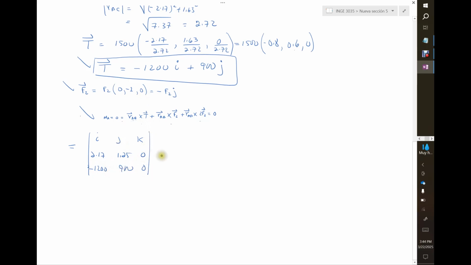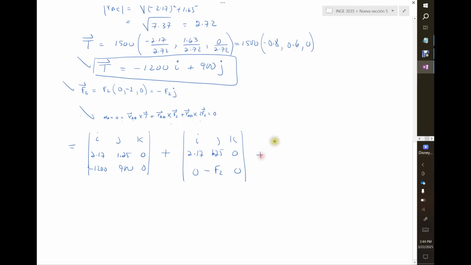So that's the first part, plus the second part, which is again i, j, k, and we have 2.17, 1.25, and a 0. And now I need for that one F2, but F2 is 0, minus F2, and 0. There's nothing else. And now for the last one, which is this one, and that one happened to have a shorter arm.